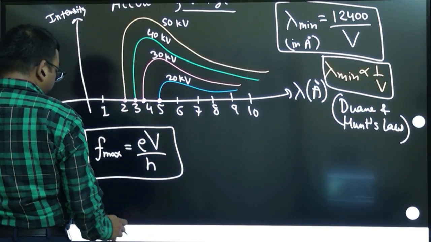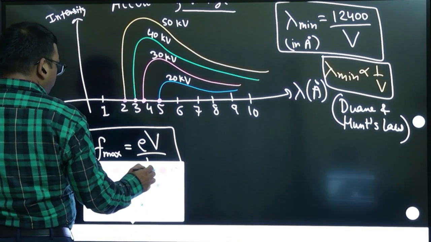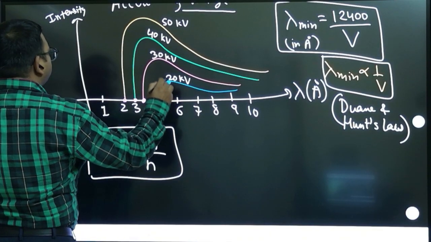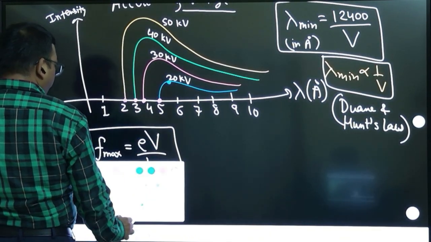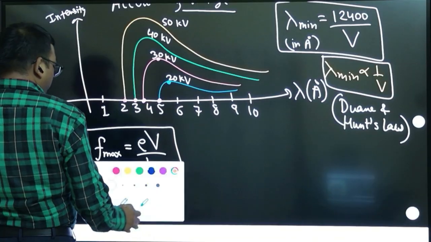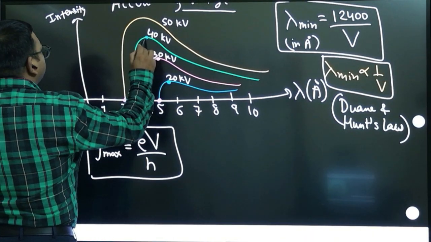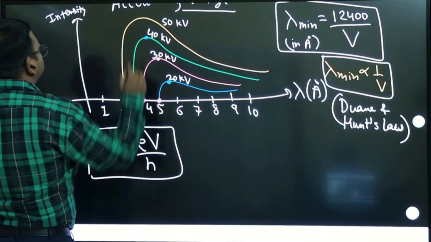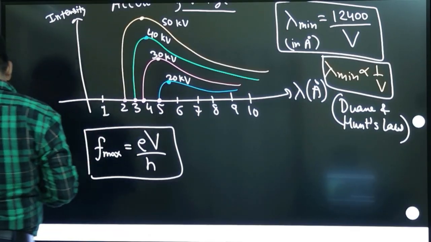Here you can see the intensity keeps on increasing. For each of these graphs there is a maximum value, and after that it decreases, which means some saturation happens.